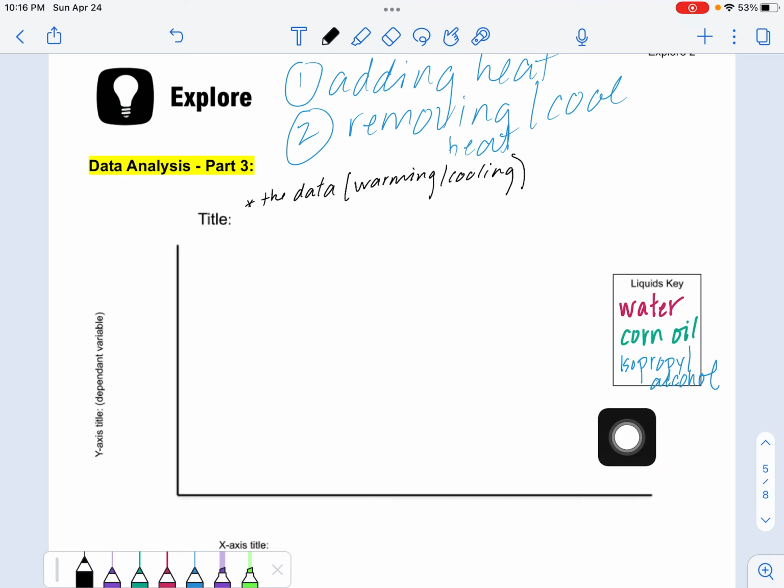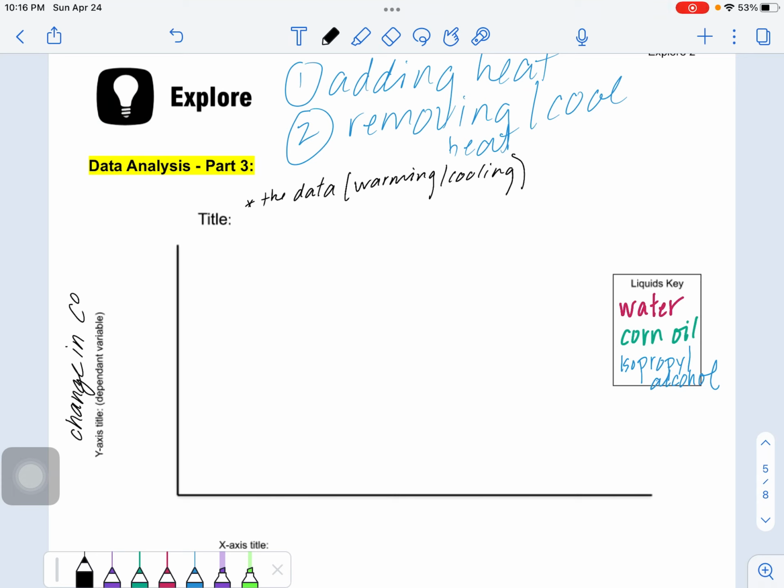The dependent variable goes over here on our y-axis. And that dependent variable, remember, is our change in degrees over time. So you're going to have to look at your data table.